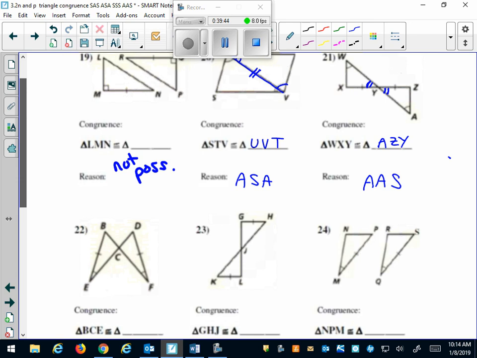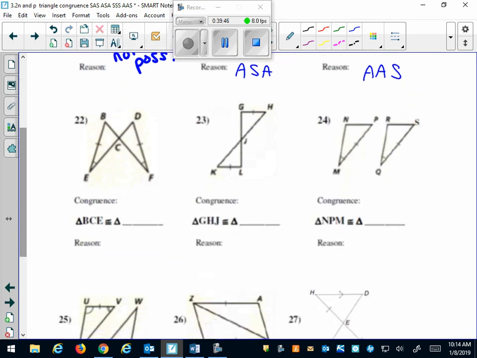Down here, vertical angles theorem is the only thing here. We can't mark any sides congruent. Cover up one triangle at a time. Again, we have 2 angles and a side. So it's either AAS or ASA. Which one is this one? AAS, because the side is not between the two angles.